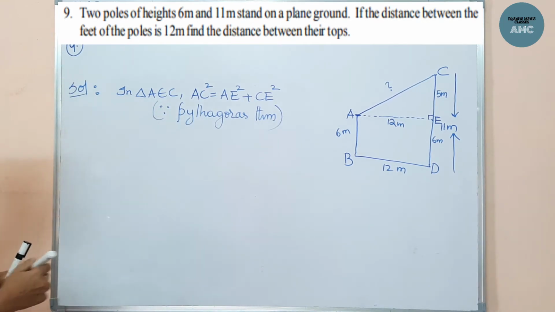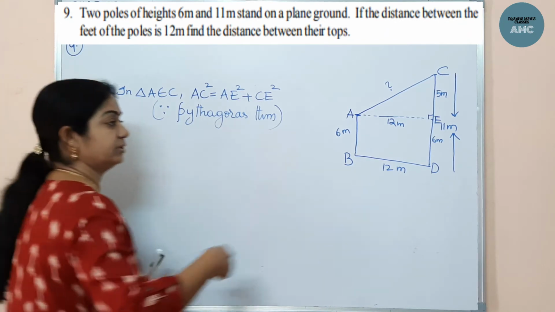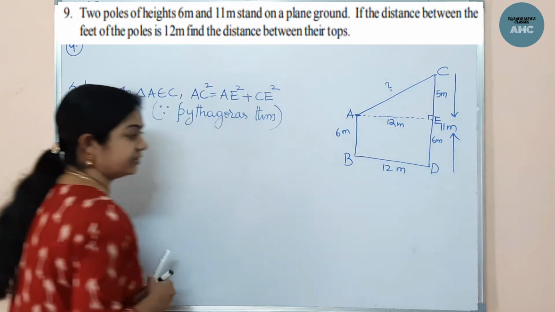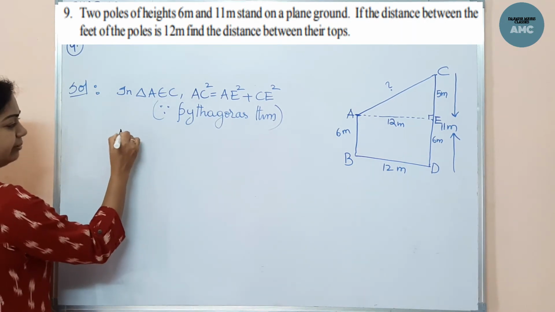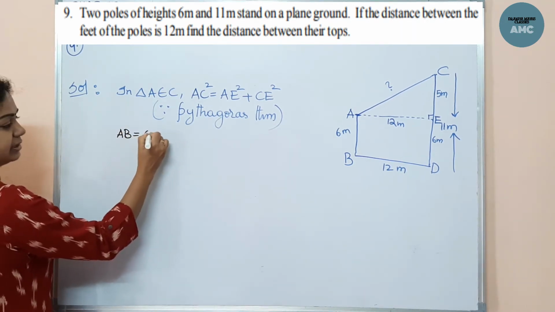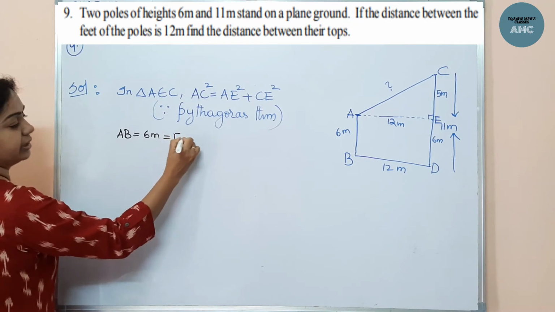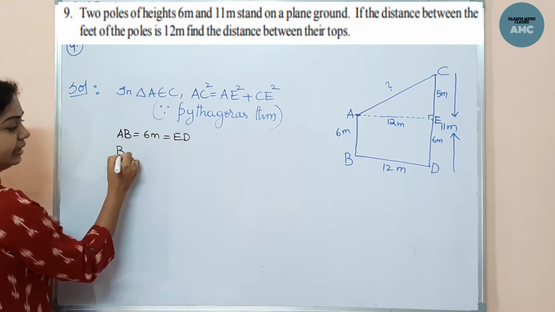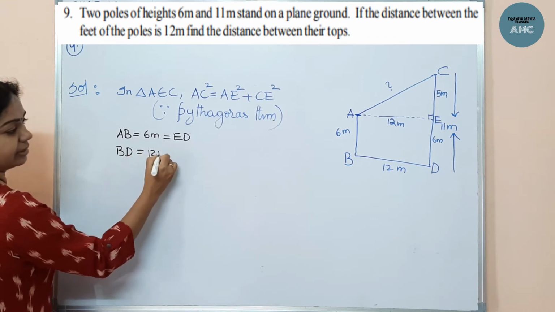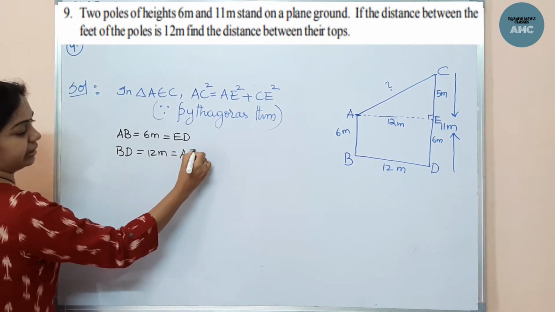You can see how did I get CE, that also we will write. We know that AB is 6 meters, that is equal to ED. And BD is equal to 12 meters, that is equal to AE.